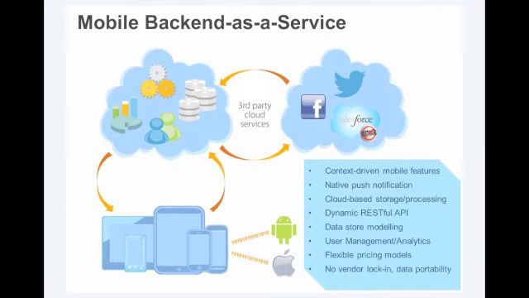So if we take it from the bottom left and see what it offers, first we can get context-driven mobile features, and so we can take full advantage of our devices and of our platforms, because backend as a service basically provides us with an infrastructure to communicate with data systems, whether they be in the cloud or on-prem somewhere, and it gives us a consistent development experience to talk to these systems.